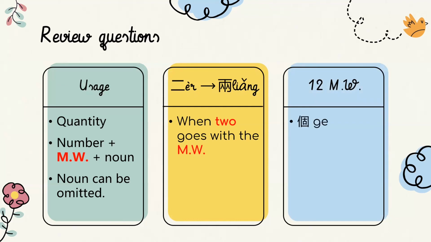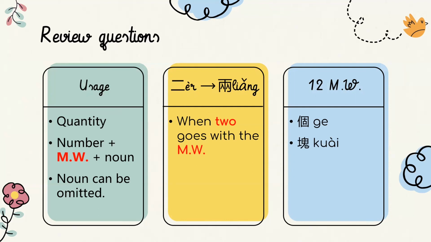个 is a frequently used measure word in our daily life. 个. And what is the measure word we use for money? Money. 很好, nice try. 块 is the measure word we use for money, also like a piece of something.